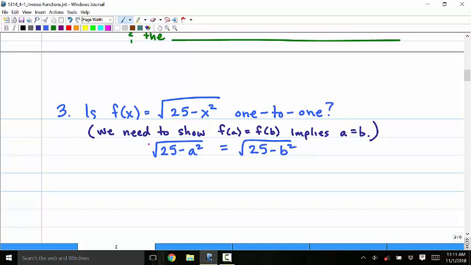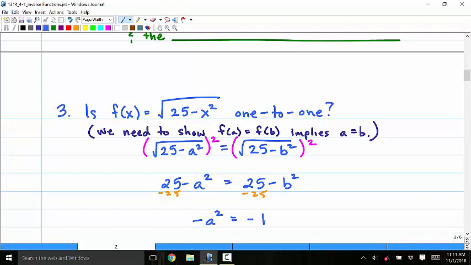What if I square both sides? What happens to the square roots? They disappear, they cancel out. So I get 25 minus a squared equal to 25 minus b squared. I'm going to subtract 25, good. Negative a squared equals negative b squared.